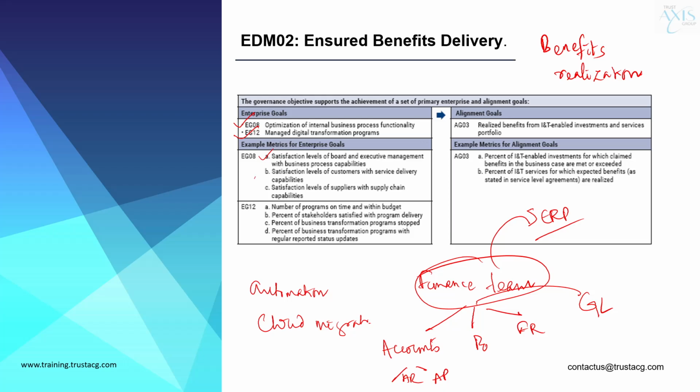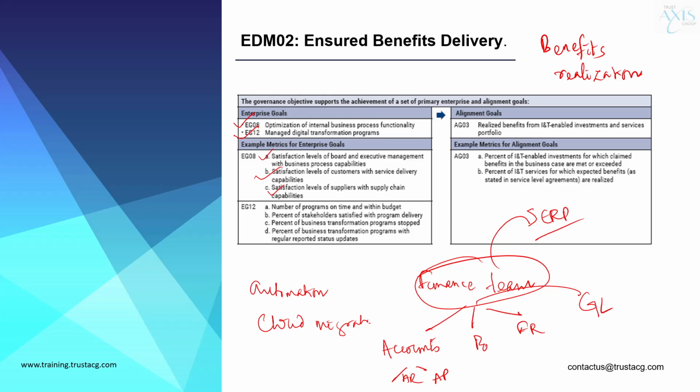The other thing we can measure is the satisfaction levels of the customers based on the time to market of the service delivery or the quality of the products that they are receiving from the enterprise. We can also measure the satisfaction level of the suppliers or partners within our supply chain capabilities.